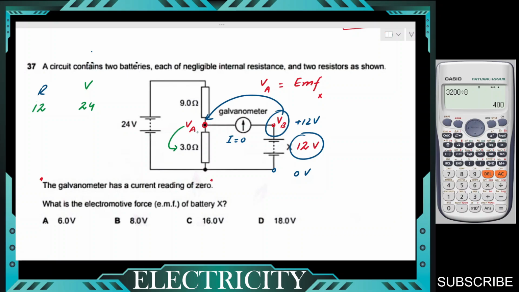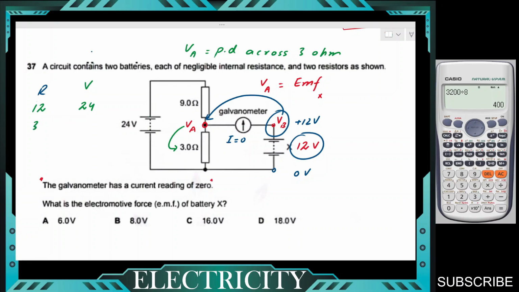Excellent. So VA has to be the voltage across 3 ohm. VA would equal the potential difference across 3 ohm. And keep it in mind, if they reverse the polarity of the battery, in that case it would be reversed, because you have to follow from the positive side.